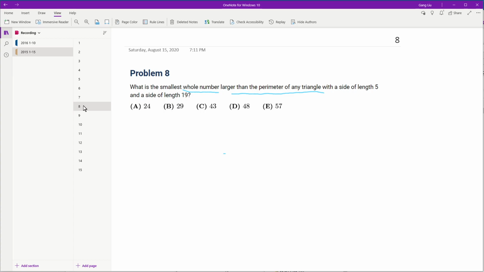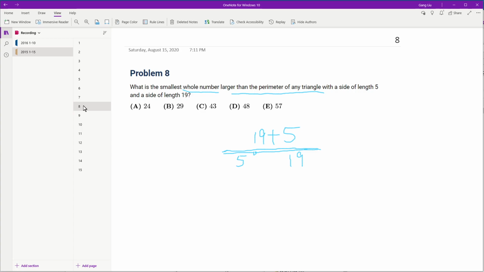And the largest possible way is trying to stretch 5 and 19 almost onto the same line. Then the longest side will be very close to but not equal to 19 plus 5.